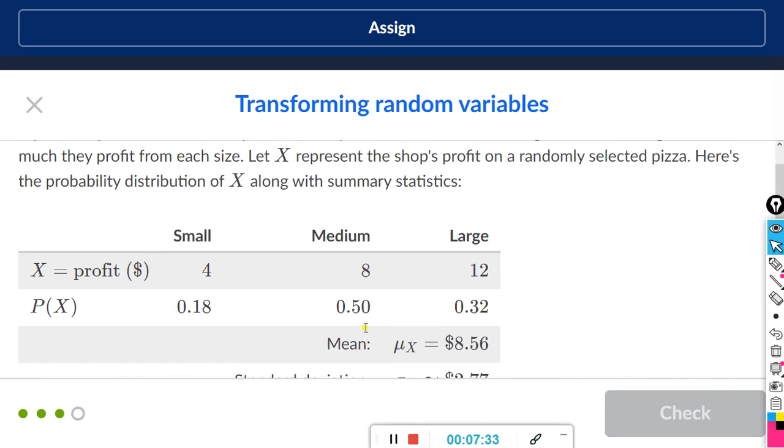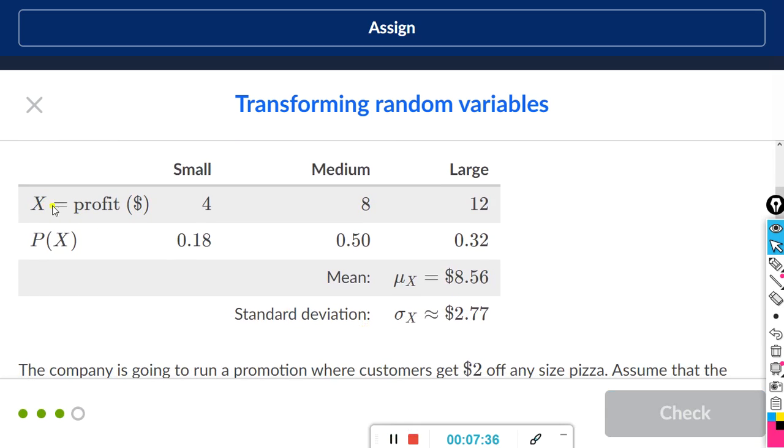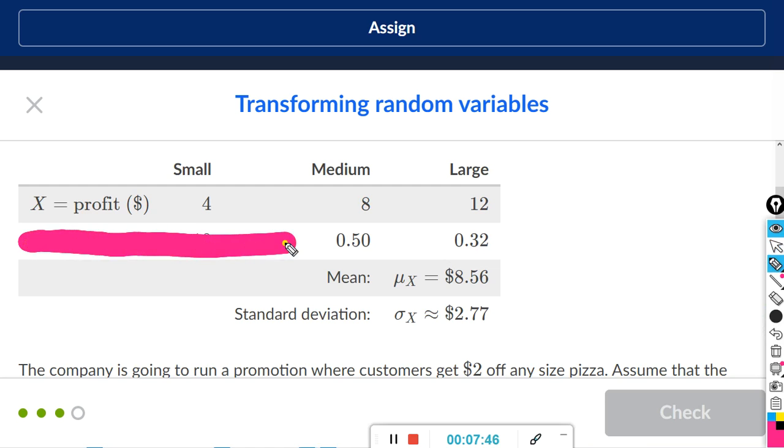All right, one more. Just looking at the table, X is the profit in dollars. They give us unnecessary information. We do not need the probabilities here. Really, we probably don't even need this part.